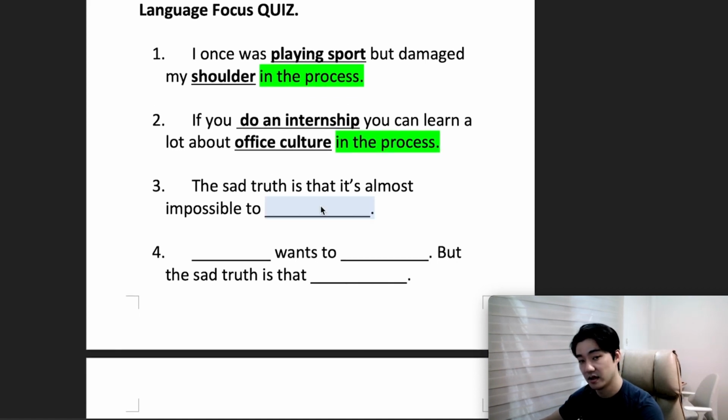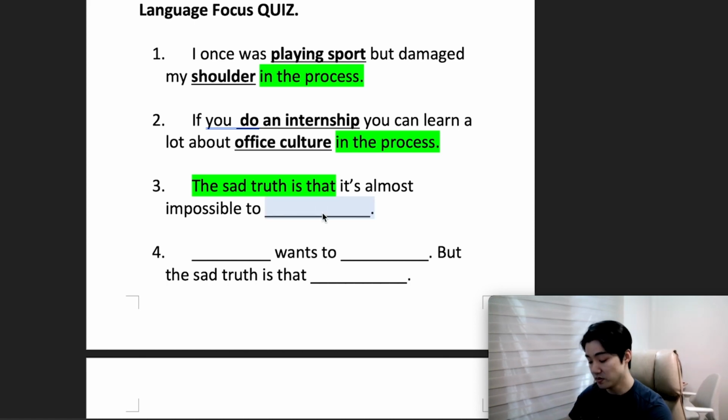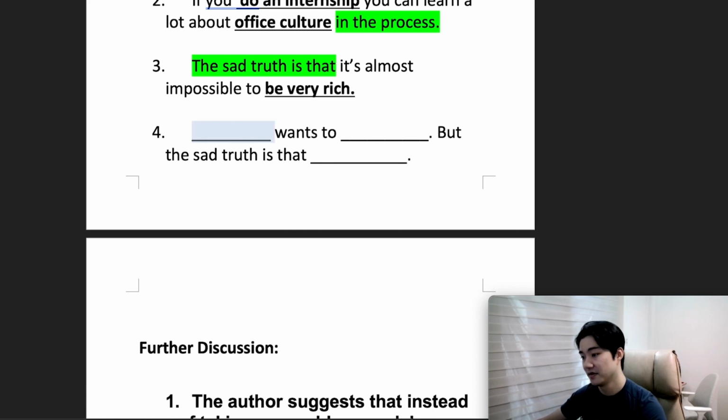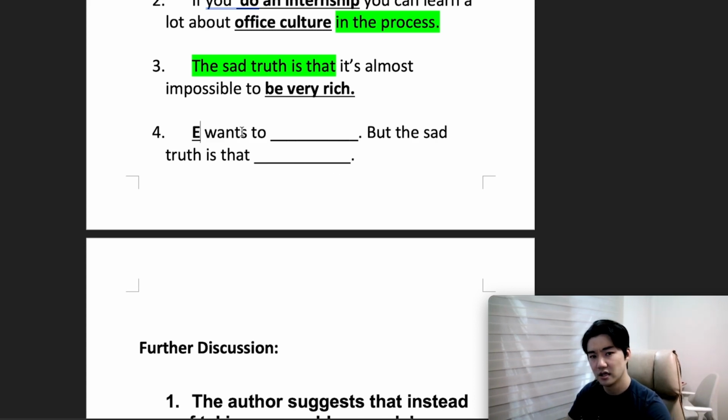Number 3. The sad truth is, remember the sad truth, sadly, unfortunately, 슬프게도, that kind of thing. It's almost impossible to be very rich. 슬픈 사실은 부자가 되는 것은 거의 불가능하다는 것입니다. For some people, like me. Okay, number 4. Wants to, but the sad truth is, oh, these are really hard.